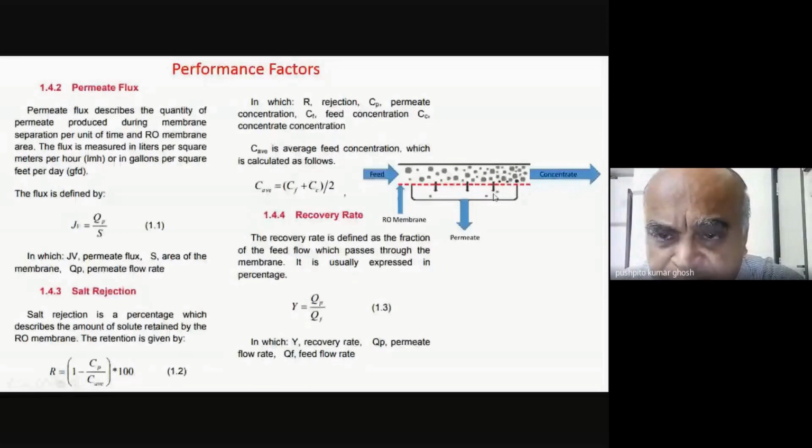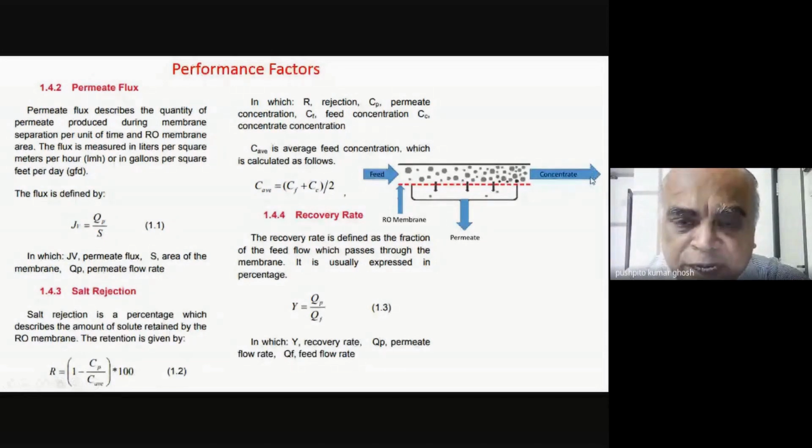There will always be small amounts of solute which might also get in, but the majority has got rejected. And then, of course, as the water is coming through, I'm getting a more concentrated brine, and so this is my concentrate. That's what it is.